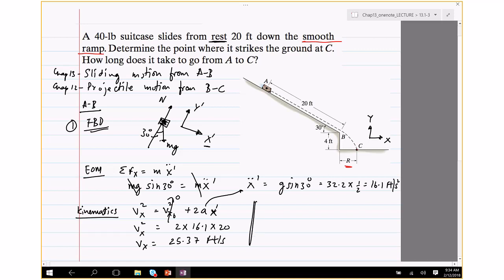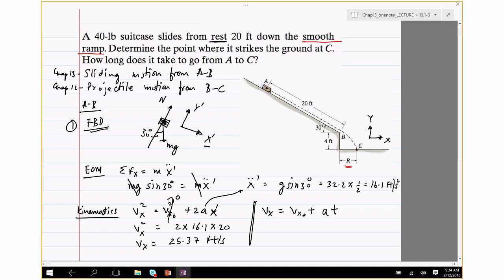I also need to find the time from A to B, because I'm asked to find the time from A to C. I can find the time from A to C by finding the time from A to B and B to C. So to find the time from A to B, if you know the velocity, you can use this formula: Vb equals V0 plus at.